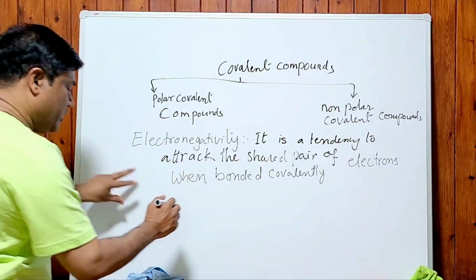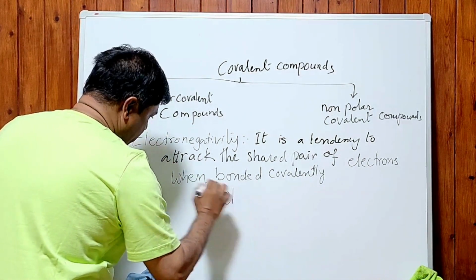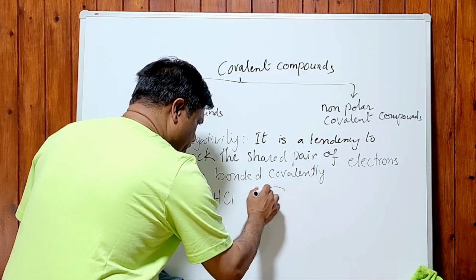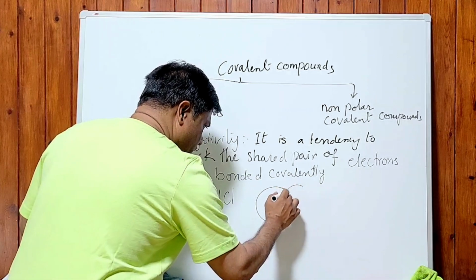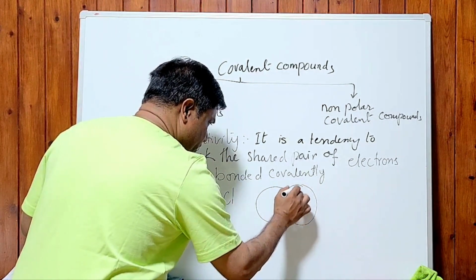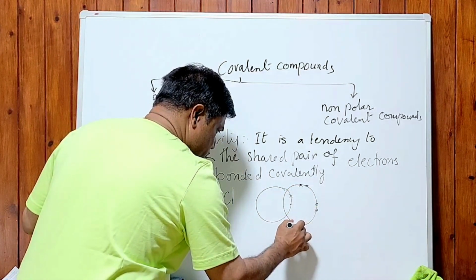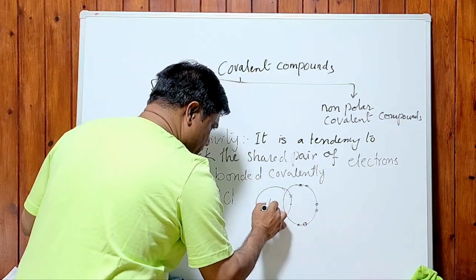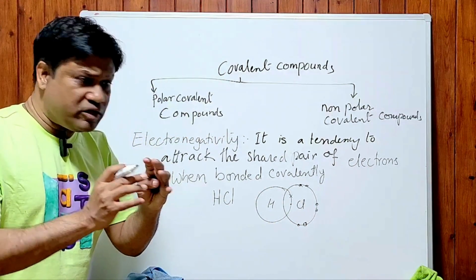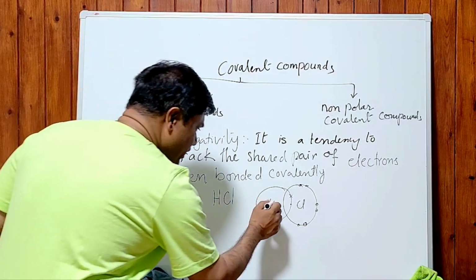So if we didn't get it, look at HCl, hydrogen and chlorine. That's the HCl molecule. In the dot and cross structure of HCl, hydrogen has 1 electron, chlorine has 7: 1, 2, 3, 4, 5, 6, 7. This is hydrogen and this is chlorine. The bond is present between the two elements. That's the nucleus and that's the nucleus.